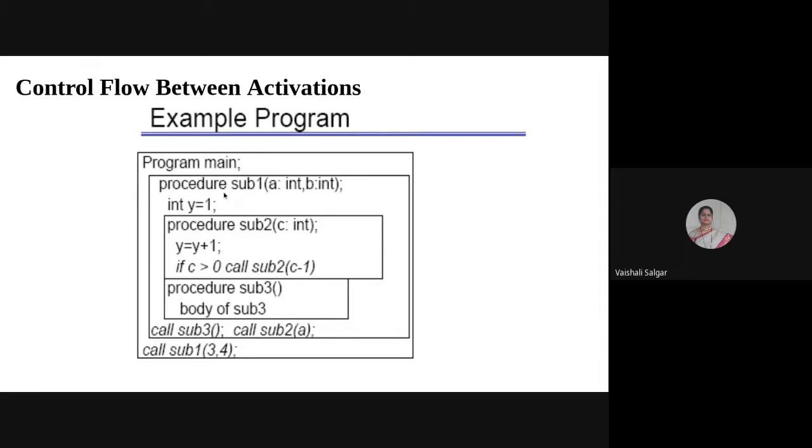Inside the main program, there is a procedure sub 1. Within sub 1, there is a procedure sub 2, and then there is a procedure sub 3. We will see in detail how the control will flow among these activations. I will just rub the board.